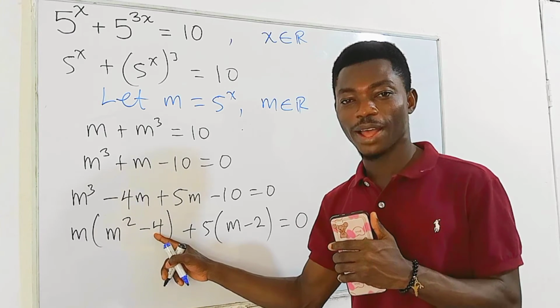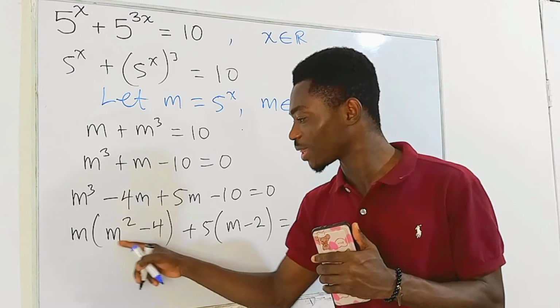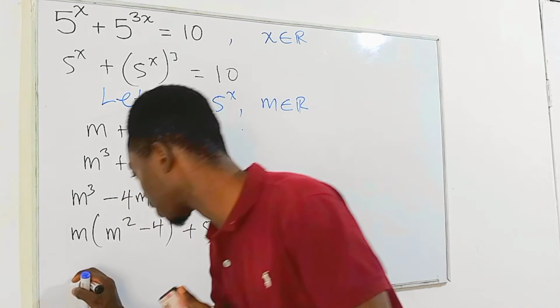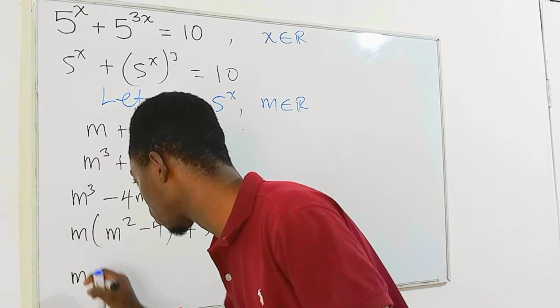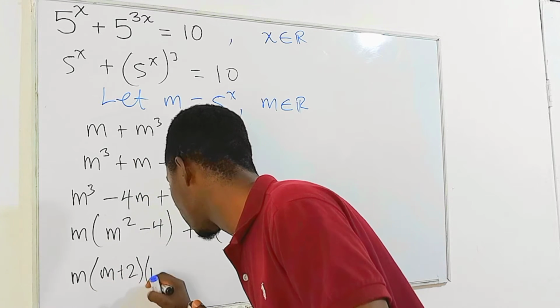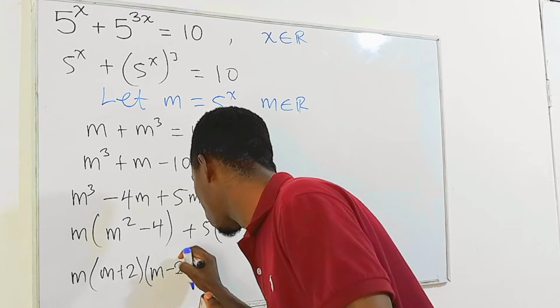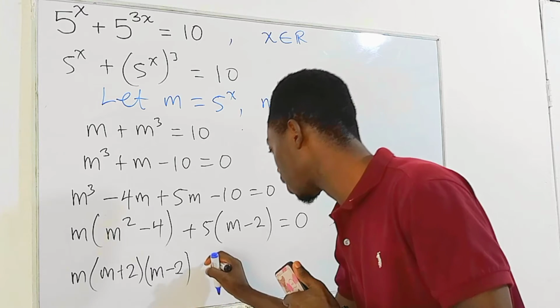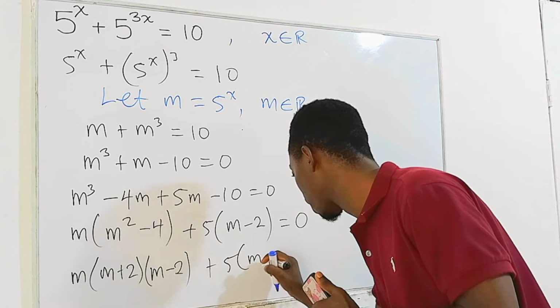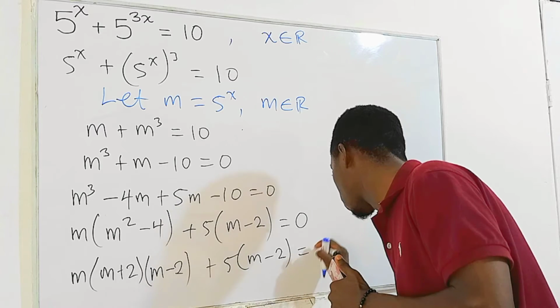This 4 is the same as 2 squared, so it makes everything in this parenthesis a difference of 2 squares, which could also be written as, I'll just write the first m, then we are going to have m plus 2, then times m minus 2, difference of 2 squares. Then plus this right here, we have 5 times m minus 2, and this is equal to 0.